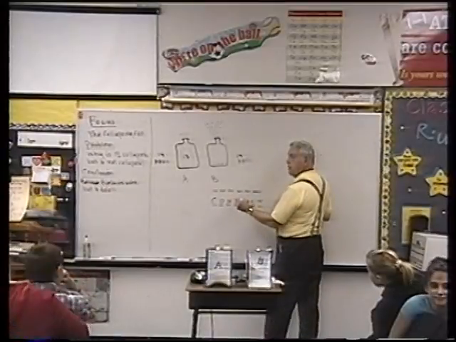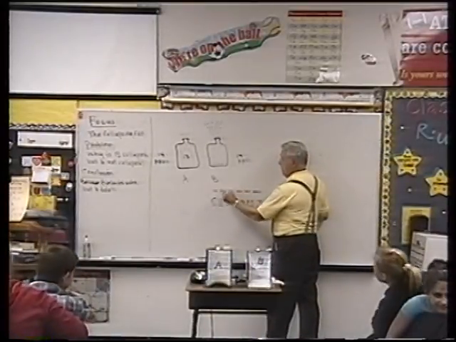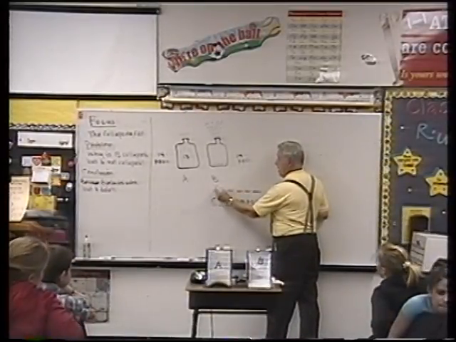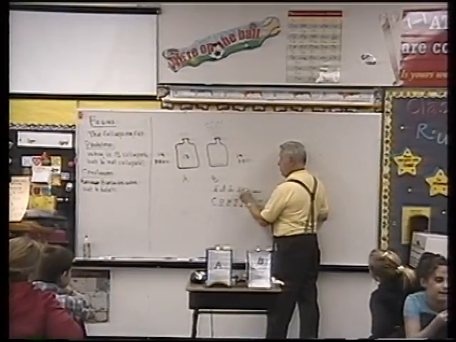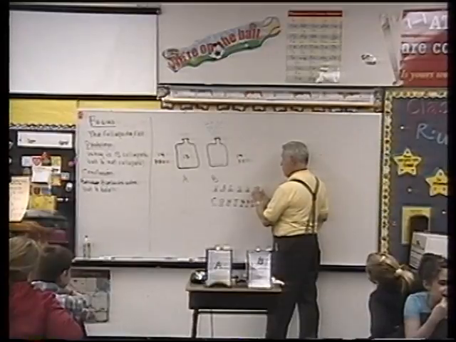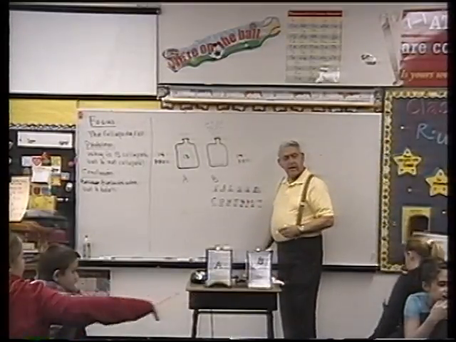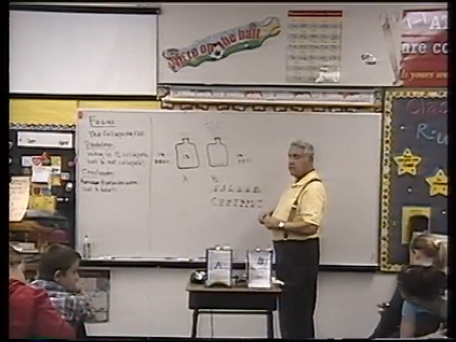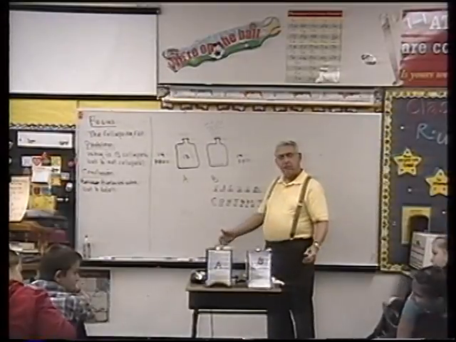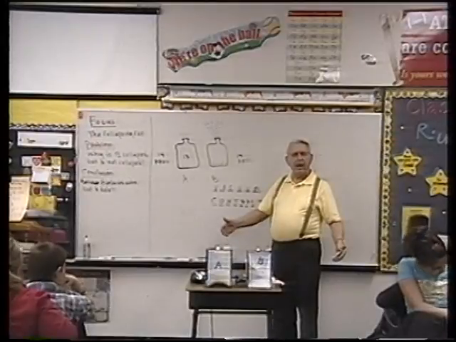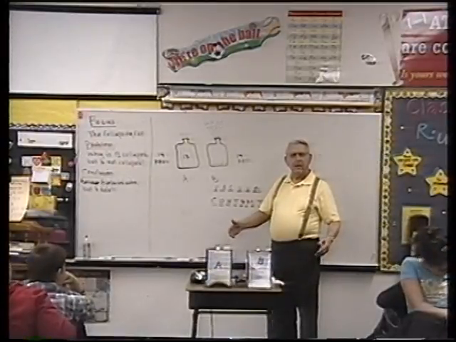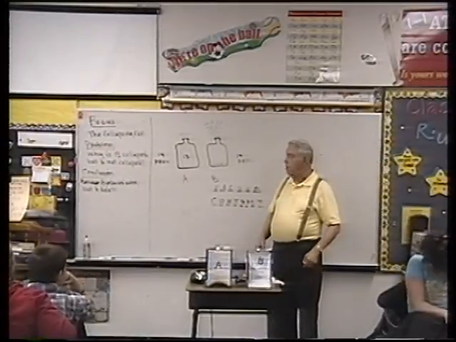Say it when you know it. V, A, C, U, U, M. Who said vacuum first? Was that Tanner? Vacuum is a space with nothing in it. Outer space, when you get beyond our atmosphere, is a vacuum, nothing is in it.